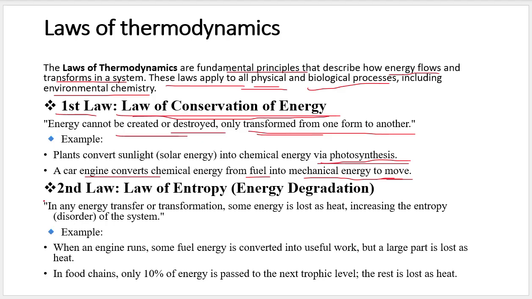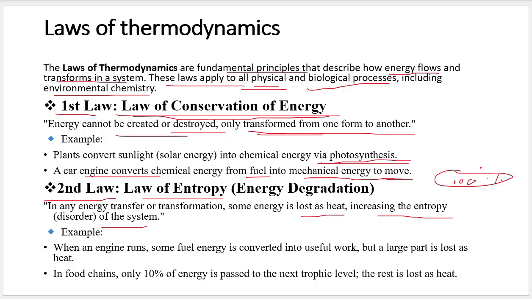Then comes the second law. The second law is the law of entropy, or energy degradation. It means that in any energy transfer or transformation, some of that energy is lost as heat, increasing the entropy, the disorder of the system. For example, take one kind of energy as 100%.